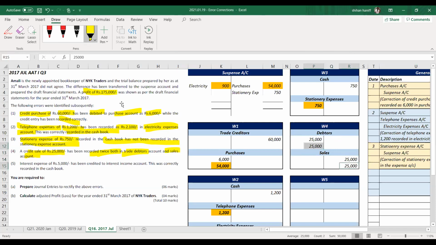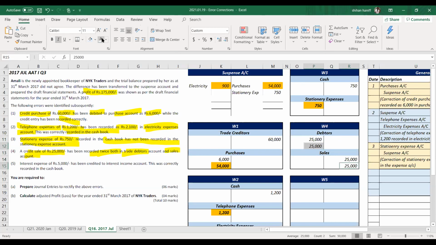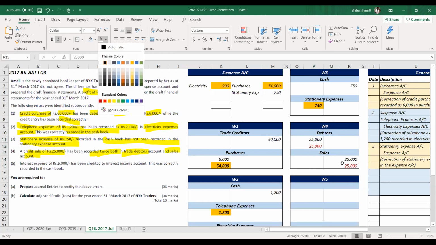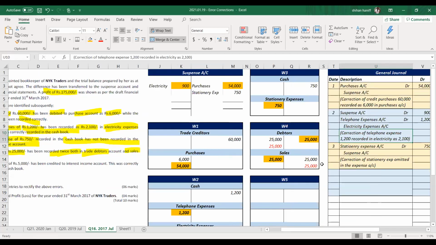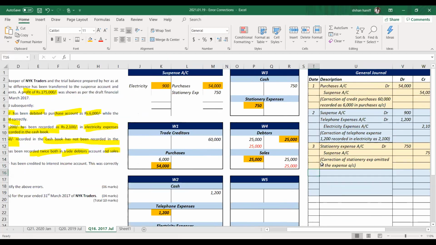So one extra, once excess. So how do you correct it? You have to remove one entry from the debtors and sales, 25,000. So deduct 25,000 from the sales account. The sales account debit 25,000.